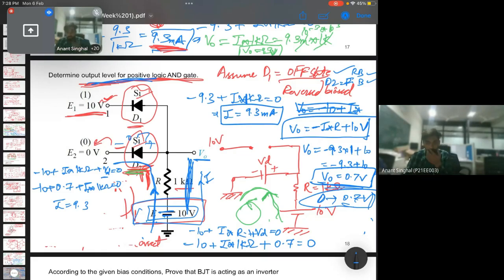We can say that we are measuring voltage across diode D2. First of all, if this had not been in the off state, there would be some other diode equation. V naught is nothing but the drop across the diode in this case. Yes, you are correct.